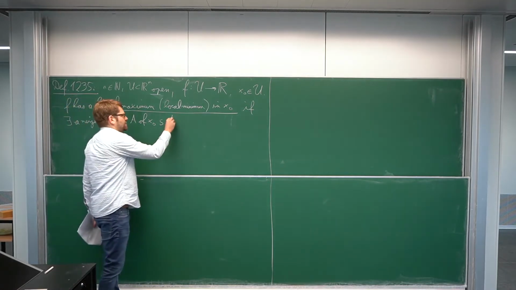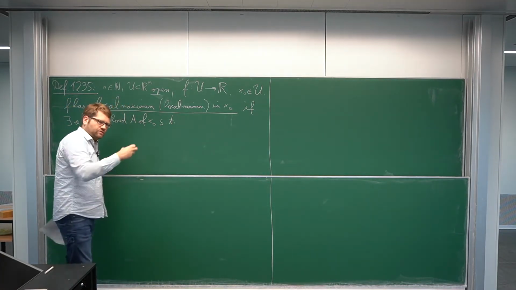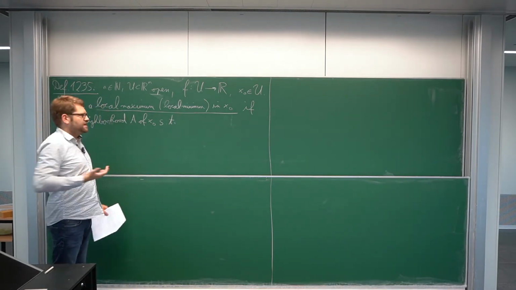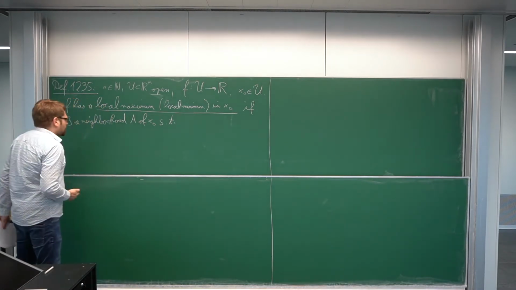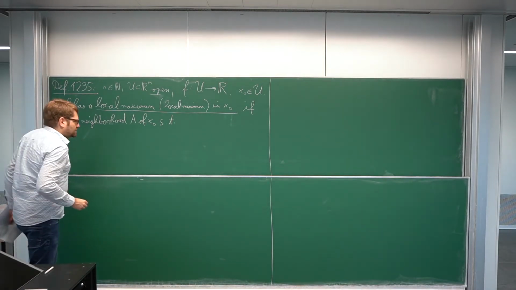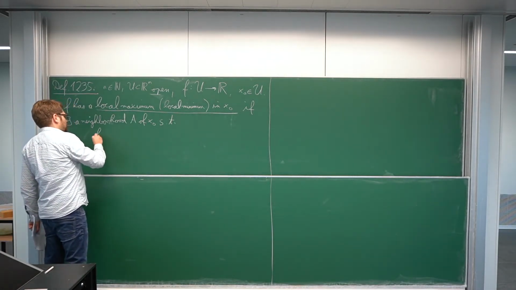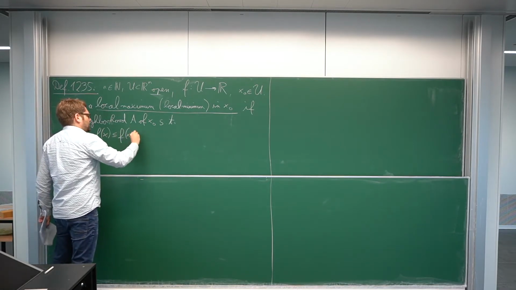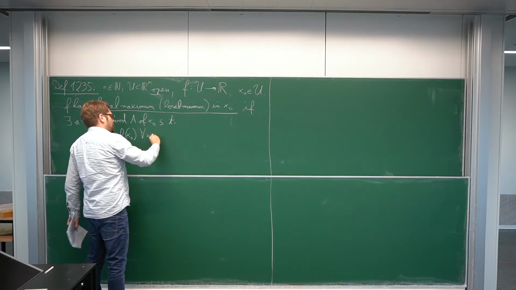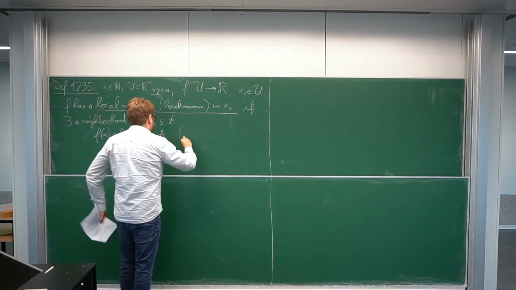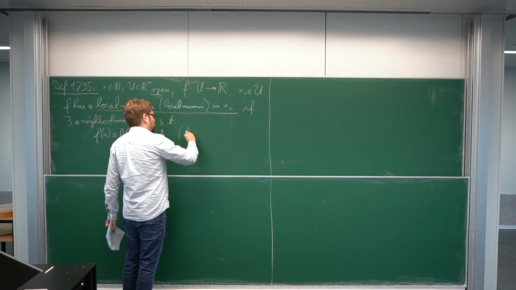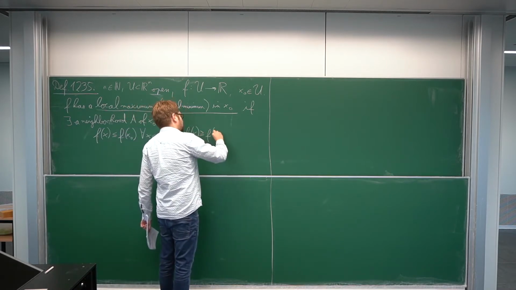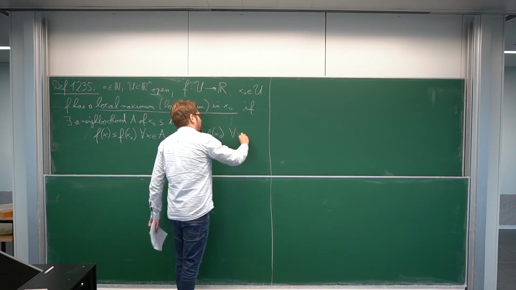So this means local maximum: only with respect to all points in A it's a maximum, but globally, for the whole function, it might not be a maximum or minimum. Okay, there exists a neighborhood A of x0 such that, in the maximum case, f of x is smaller than or equal to f of x0 for all x in A, and of course in the minimum case it's just the opposite inequality. For the minimum case, f of x is bigger than or equal to f of x0 for all x in A.